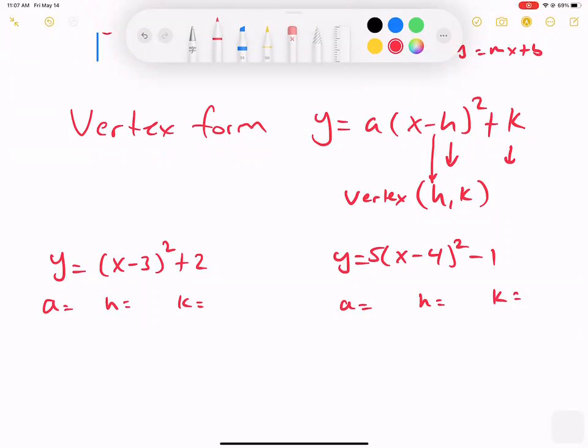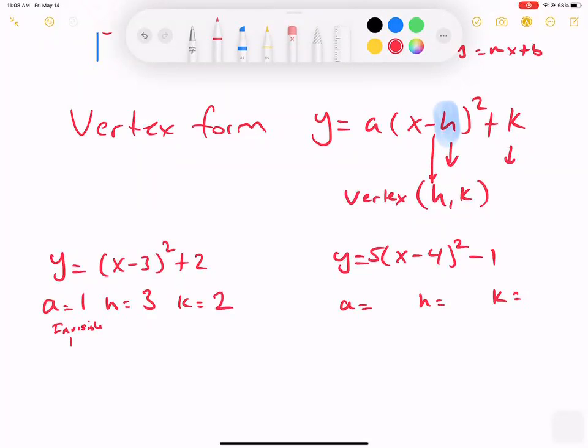Now remember, the negative is already in the problem. So when you pick your h, you have to remember that the negative is built into the wall. You can't take it with you. So in this case, the a is an invisible one. My h value is a positive 3, and my k value is positive 2.